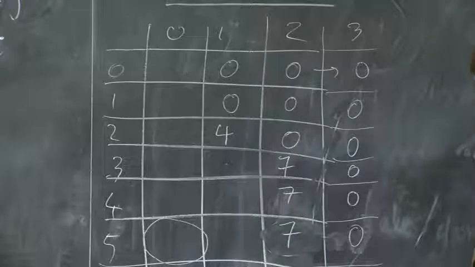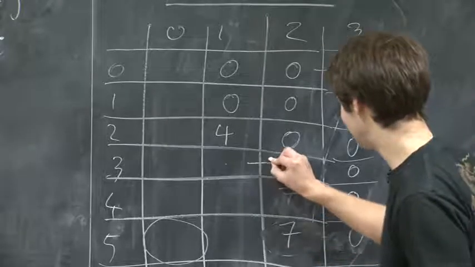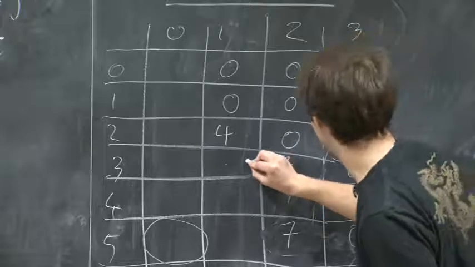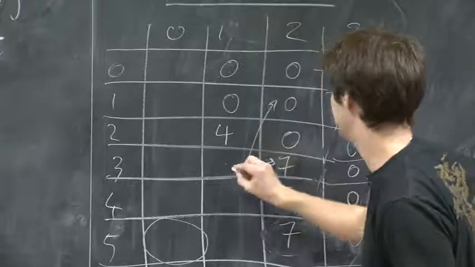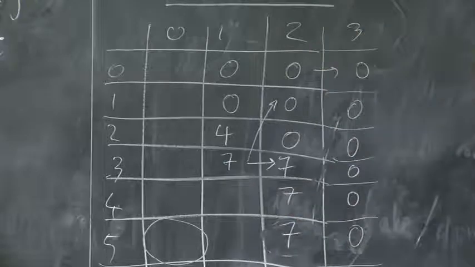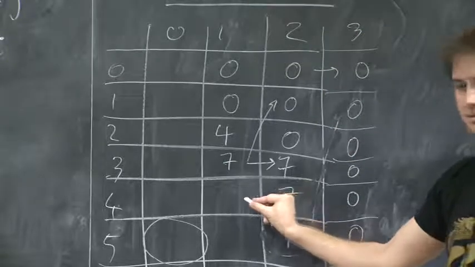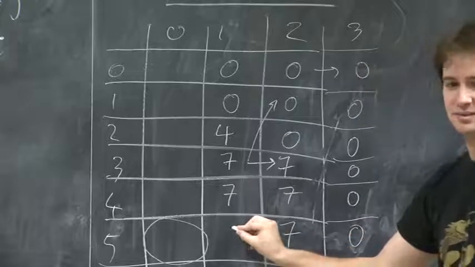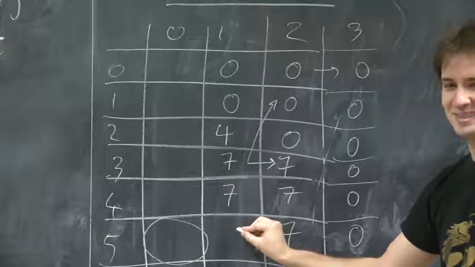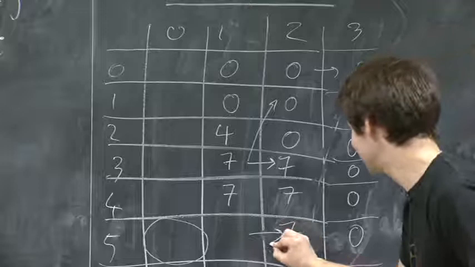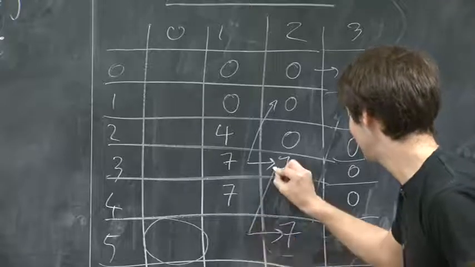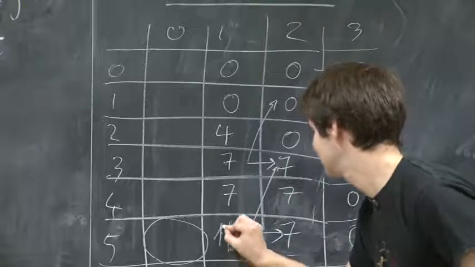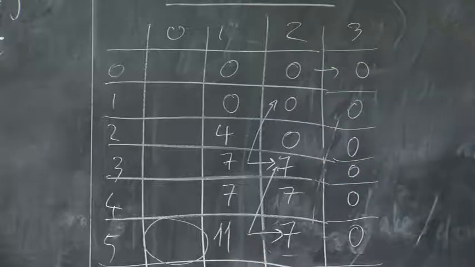No, 7. So it's the maximum of 7 or 4 plus 0. So this is 7. 7. 11. 7 or 4 plus 7. OK?